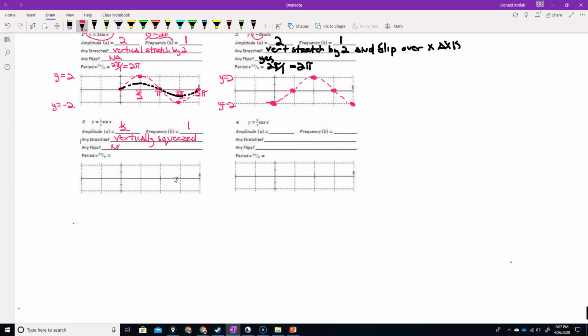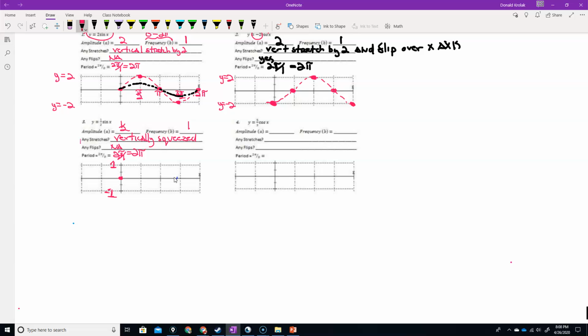No flips, and the period is still 2 pi. So sine normally starts at 0. So now let's say that this is 1 up here instead of being 2, and this is negative 1. So now this is 1/2.